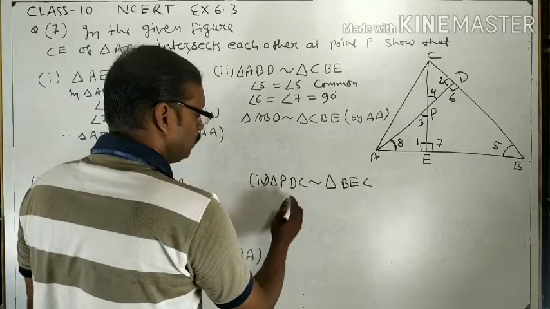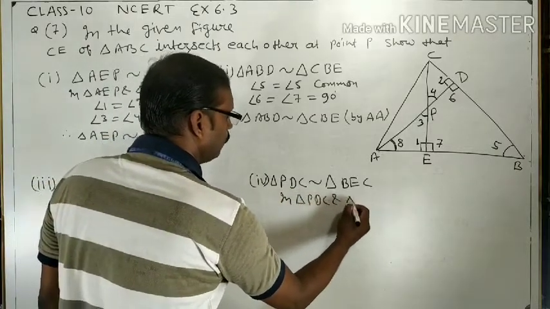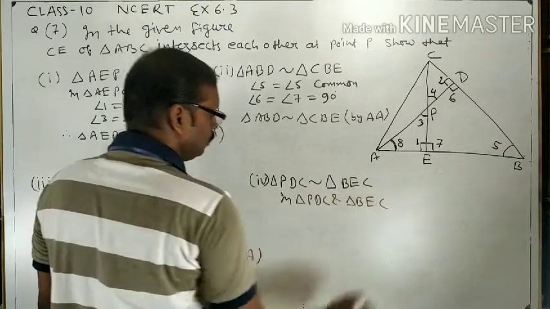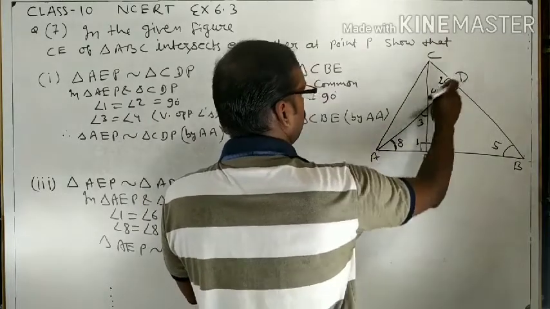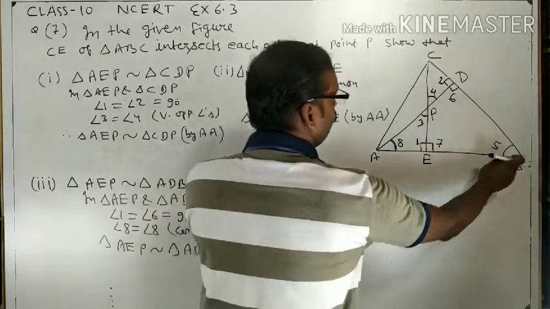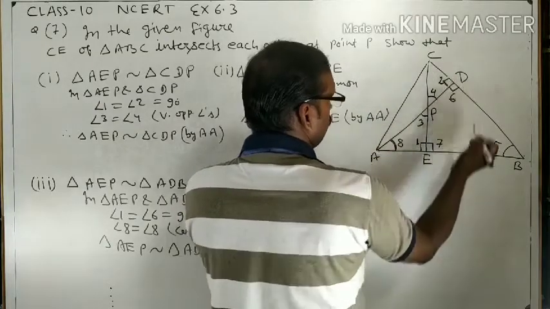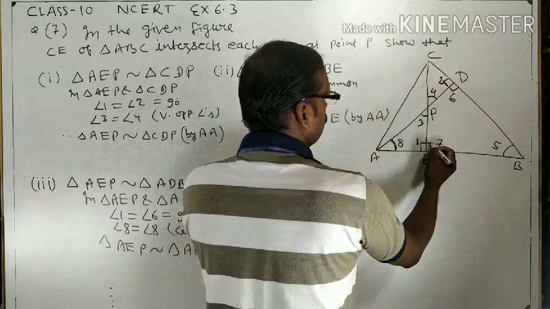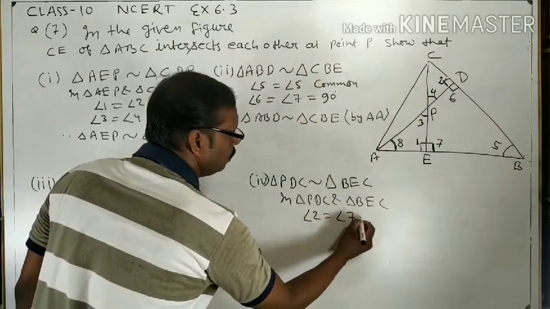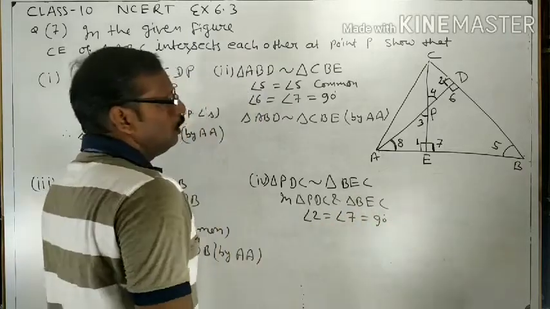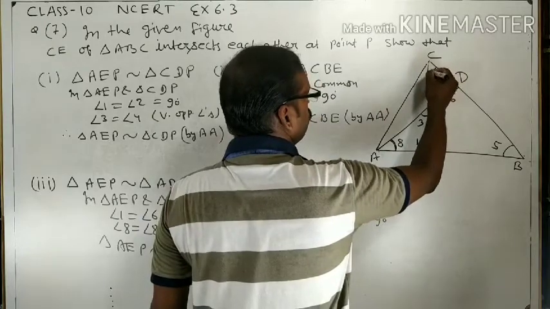Similarly, fourth: triangle PDC and triangle BEC. Look, triangle PDC is this triangle, and BEC is this one. We see that in PDC angle 2 is a right angle, and in triangle BEC angle 7 is a right angle. So 2 equals 7, both equal to 90 degrees. Again, angle C is common.